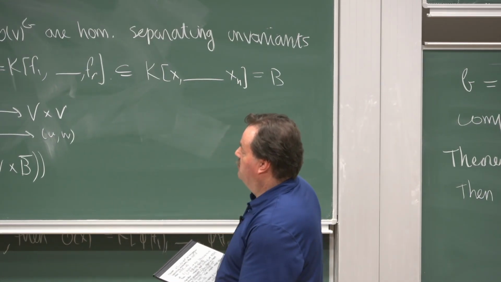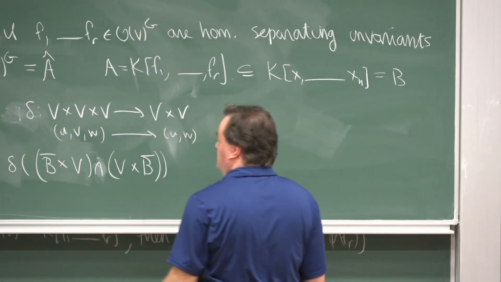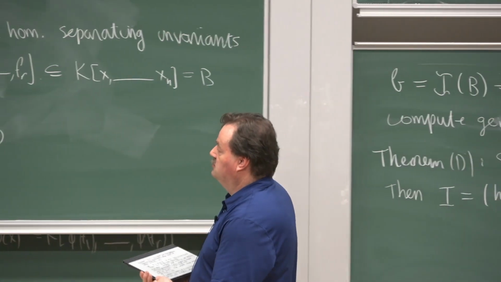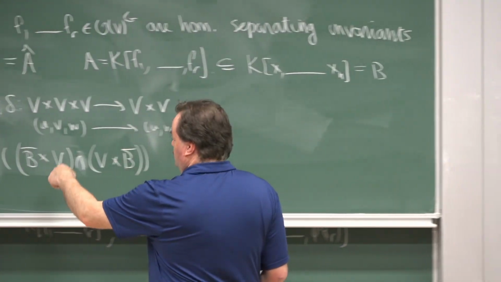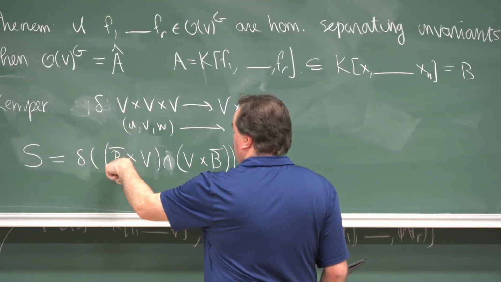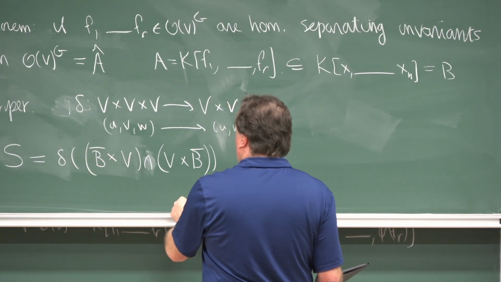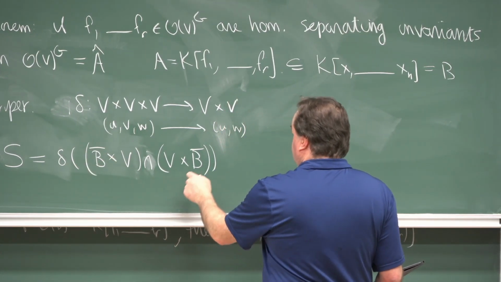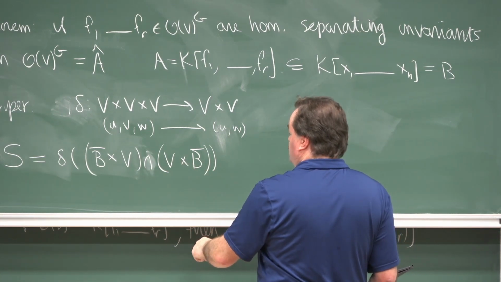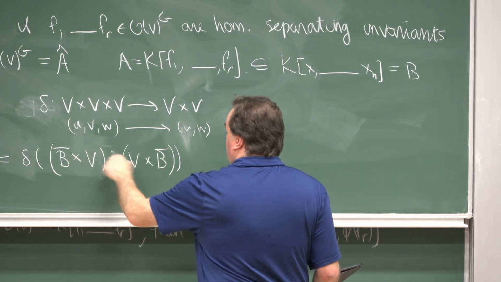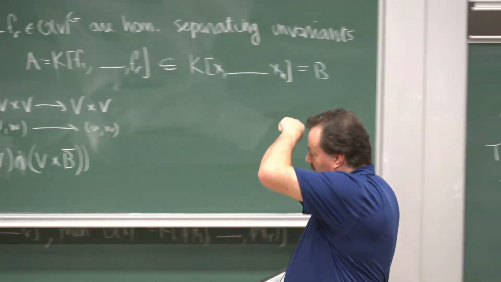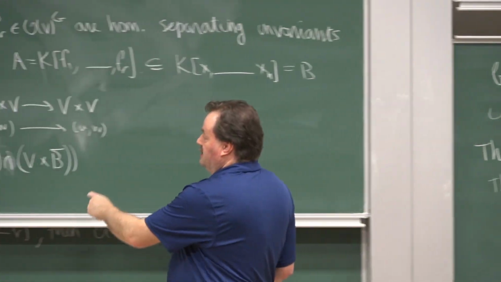Okay, so basically this can be computed using Gröbner bases. You have ideal generators for the vanishing ideal of B, in the X and Y variables. And then you take the same ideal in the Y and Z variables, and then you throw everything together. At least the zero set of that will be this intersection.